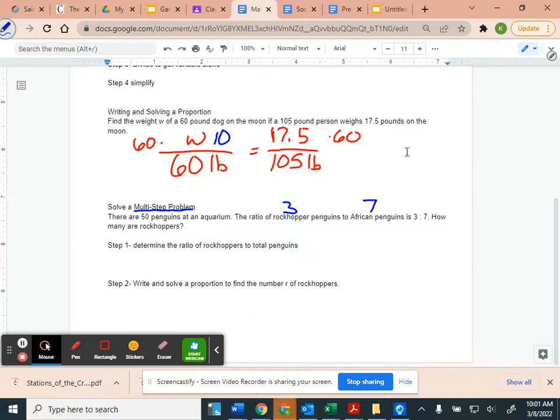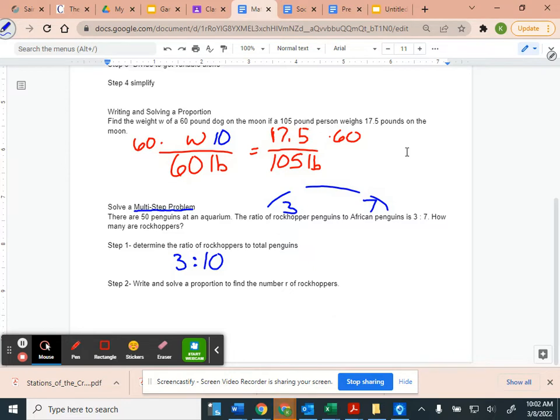So there are 3 rockhoppers to how many penguins altogether? 10, right? Out of 10 penguins, 3 of them will be rockhoppers.